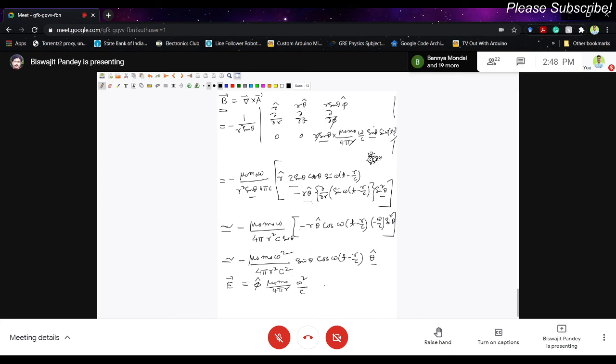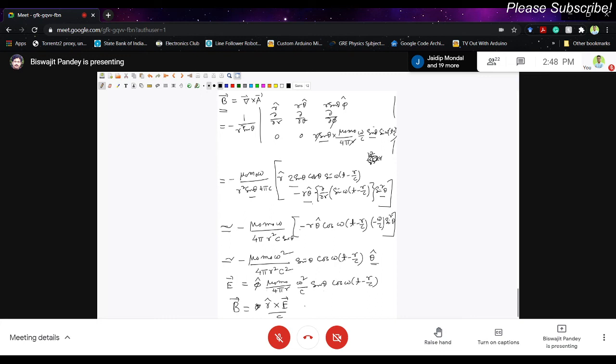This was omega square c into sin theta cos of omega t minus r by c. This was the electric field that we calculated. If you want to find a relationship between them, B is nothing but r cap cross E by c. You see this is c square, this is c, and this is along theta cap, that was along phi cap. So of course r cap cross phi cap equals theta cap.